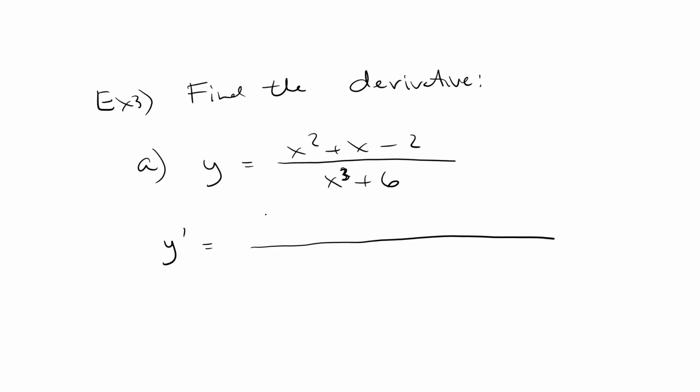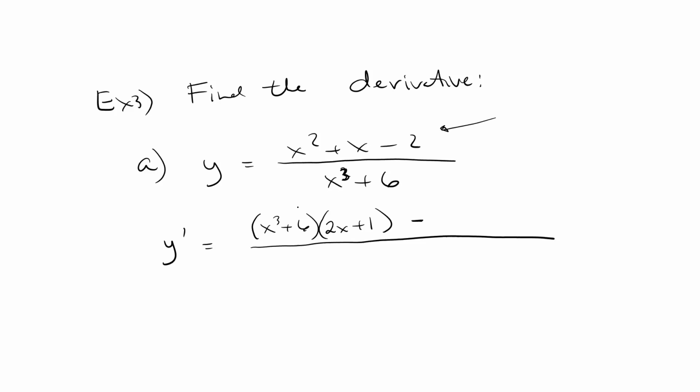Okay, so let's go with it here. According to my formula, I take the bottom function and I just rewrite it. Then I take the derivative of my top function, so the derivative of this guy. That'll be 2x plus 1. Ooh, we have a minus sign this time.